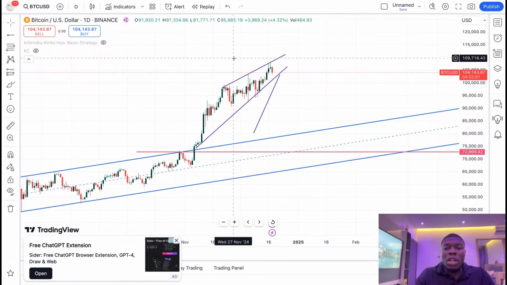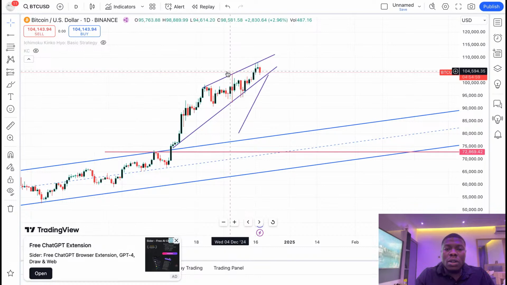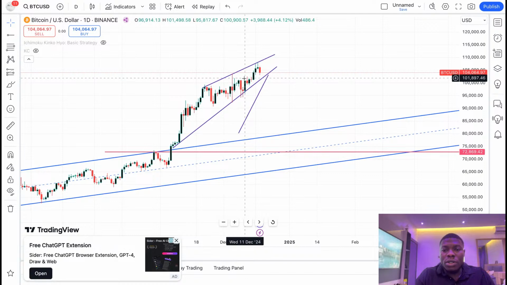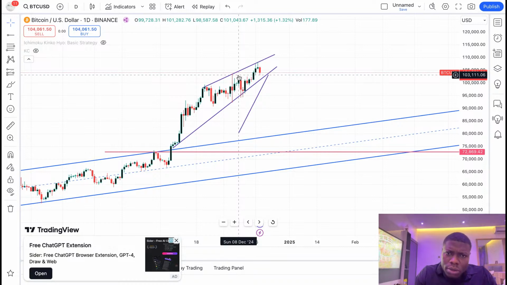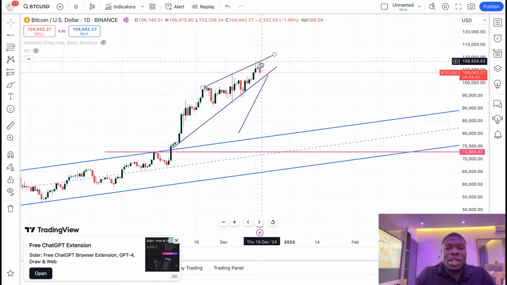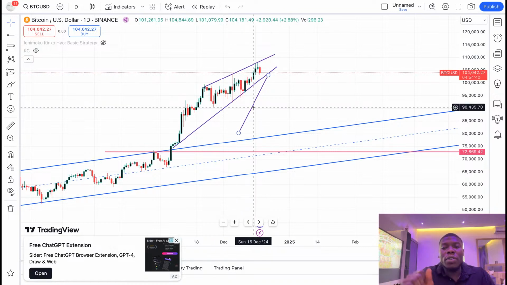So right now, the last time we made our analysis, Bitcoin was around this area. It was around 102 or 101,000. So right now we are at the upper resistance of this reversal pattern forming at this area.